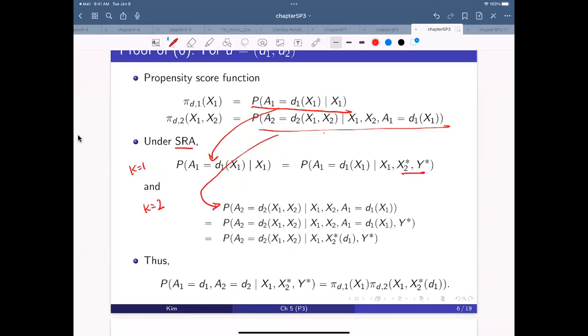So that's the first equality. And then the second equality is that the conditional on x2 is equivalent to this. Okay. So you can write this one in terms of the observed one, but it's actually the same as this one. So condition on this one.